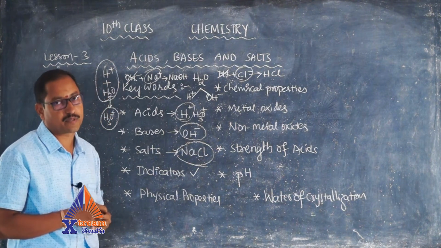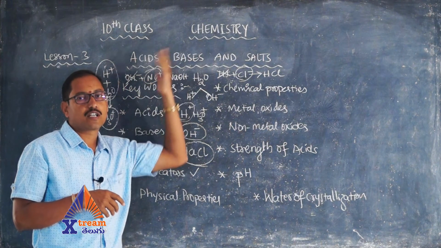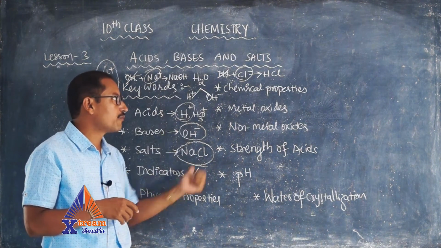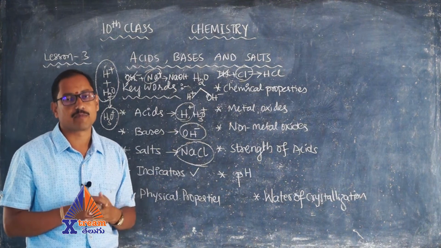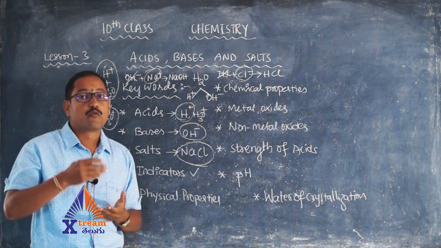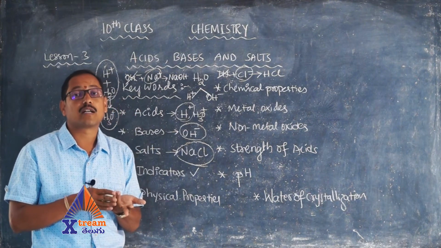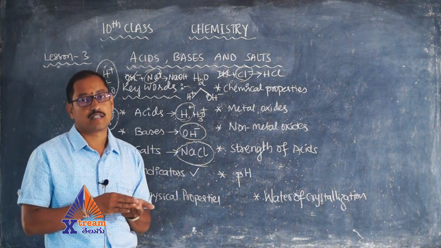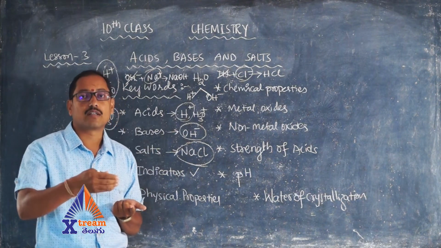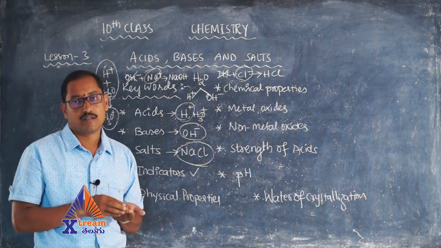Now, physical properties. Whenever we are in chemistry, we shall be generally seeing physical properties and chemical properties of a given material or given chemical compound. Physical properties are nothing but the color, that is, the appearance and state of the material, that is whether the material is solid or liquid or gaseous.